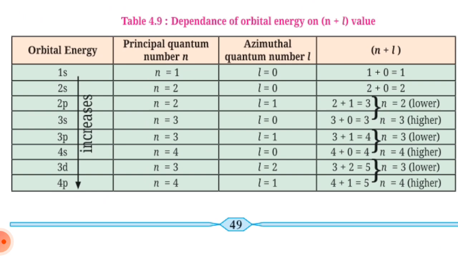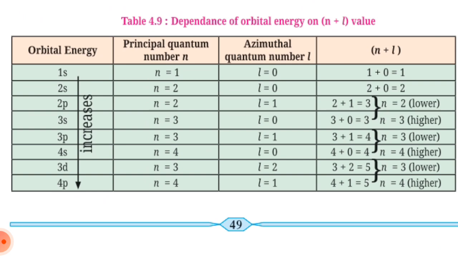Table 4.9. Dependence of orbital energy on n plus l value. Orbital 1s: principal quantum number n equal to 1, azimuthal quantum number l equal to 0, n plus l is 1 plus 0 equal to 1.